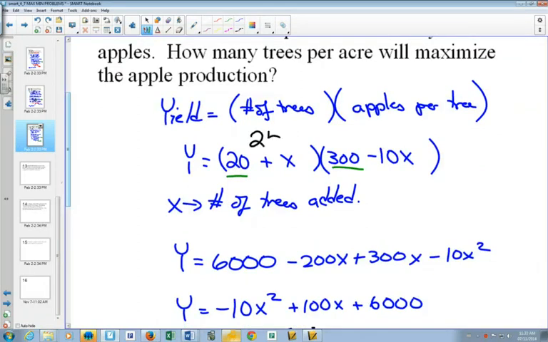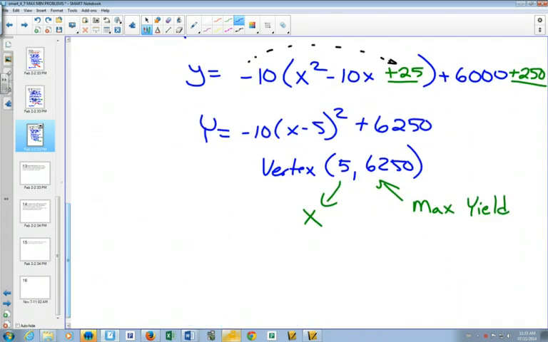If I put a 5 in there, I'm going to have 25 trees per acre. And each tree is going to produce now an average of 250 apples. Because if I put 5 in for x, then this side would be 25, and this side is going to be 250. And if I do 25 times 250, I get my 6250.